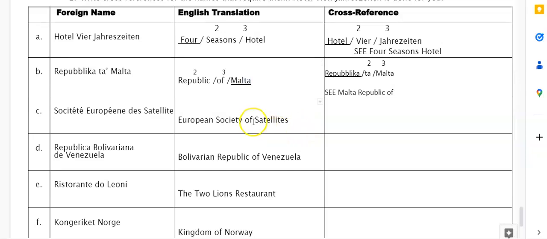Okay, for letter C, we have the European Society of Satellites. Okay, in this case, it's not a foreign country name, it's a business name. And because of that, European is our key unit, Society is unit 2, of is unit 3, and satellites is unit 4.